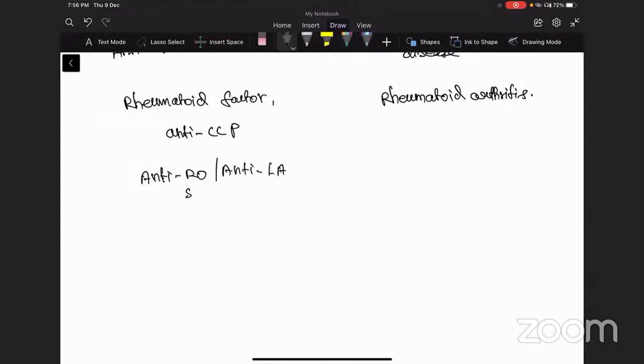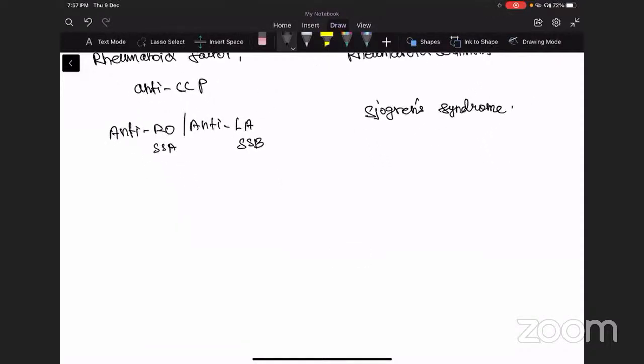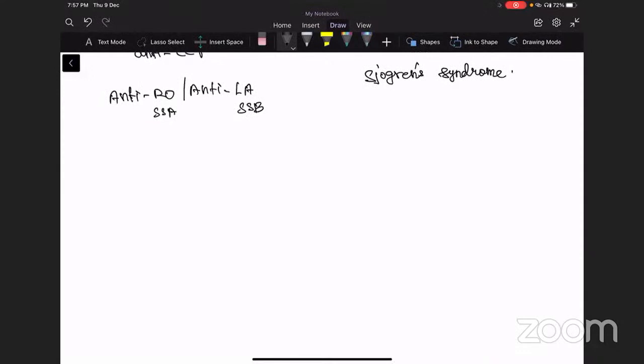Anti-Ro or anti-SSA, anti-La or anti-SSB, seen with Sjogren syndrome. Very good, correct, Habib Bilal. Anti-Ro La is seen in Sjogren's.